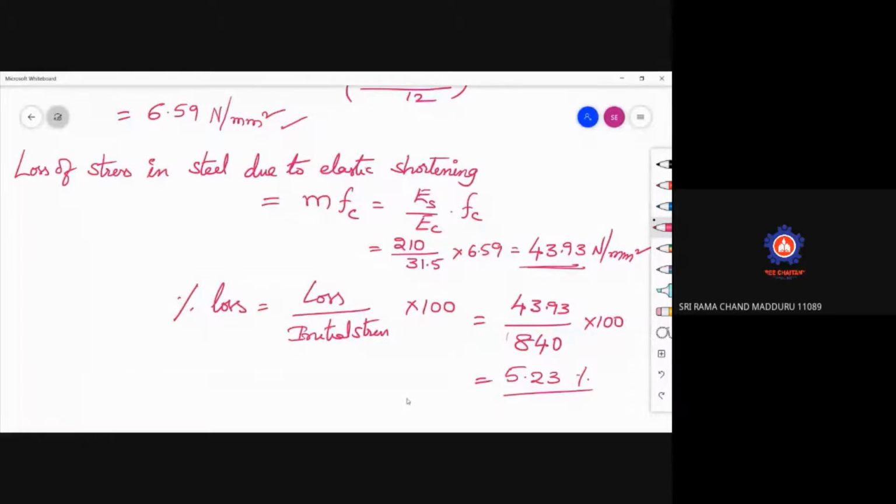So this is the percentage loss due to elastic deformation.